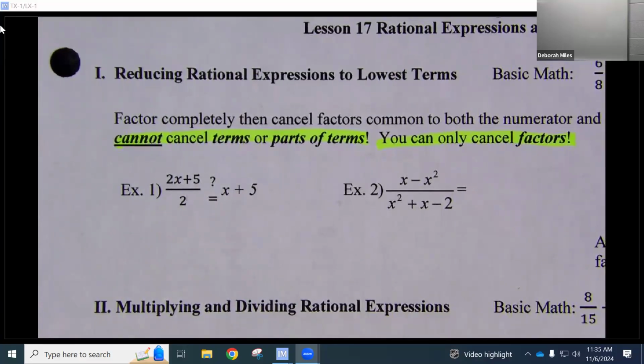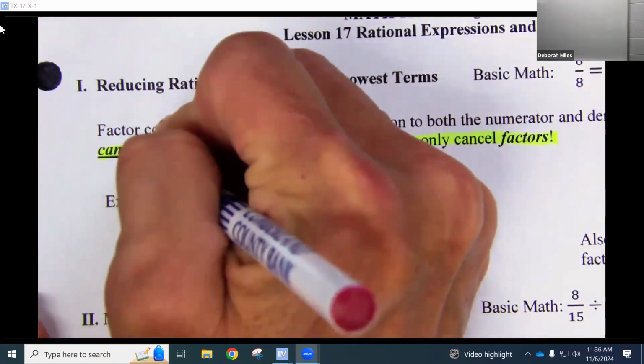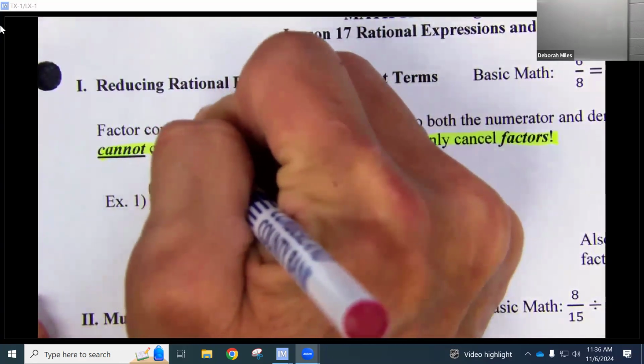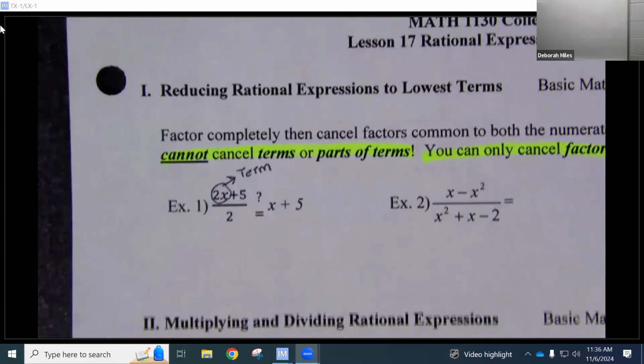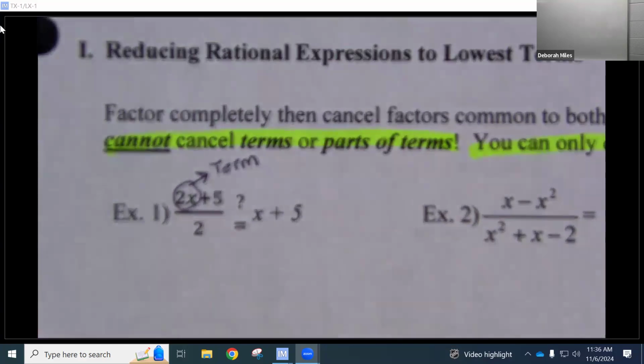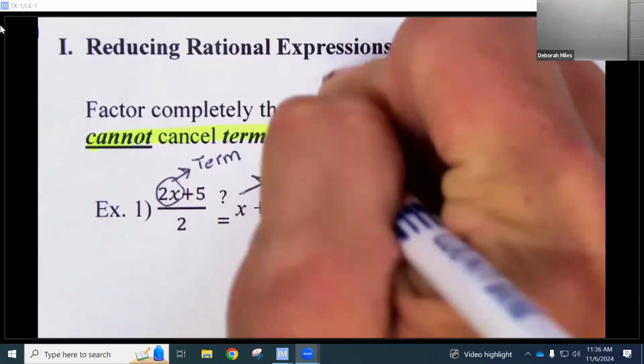Because of the 5. That 2 is part of a term. 2x is a term that has 5 added to it, and you cannot cancel terms or parts of terms. You can only cancel factors. So put a big old no by that question mark.